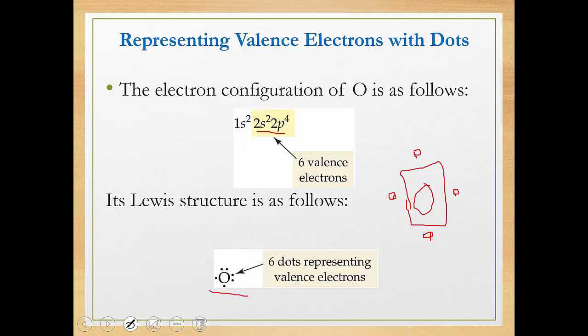Now I need to put in 2 more, so I start pairing them up. It doesn't matter where you pair them up. You'd get the same thing if you put 2 here and 2 here and then 1 on each of the other sides. It doesn't really matter as long as there are 6 and you have them paired up only when necessary.